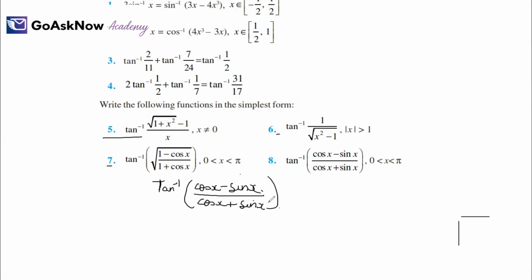One method is that I can multiply by the conjugate inside the bracket, so I can simplify that also. Let's do something so that we can simplify it. So just write it like tan inverse of cos x minus sin x.